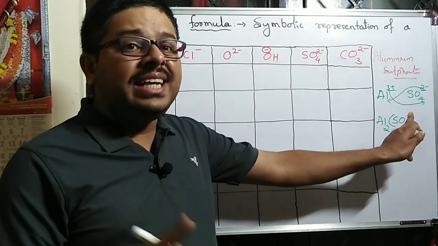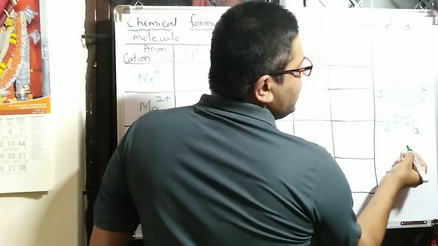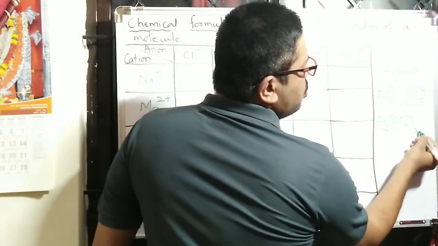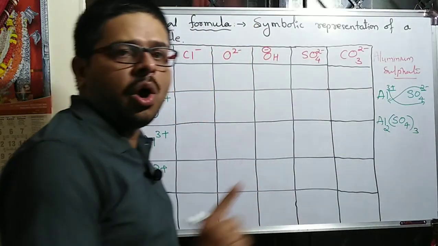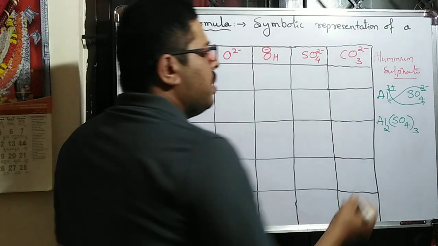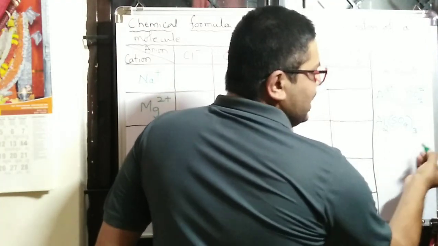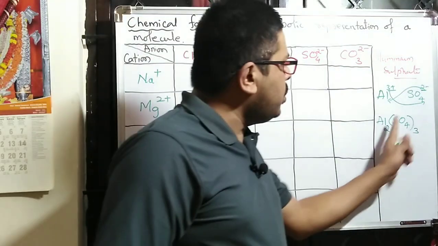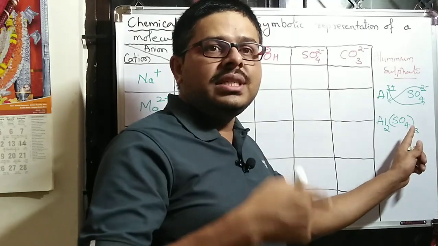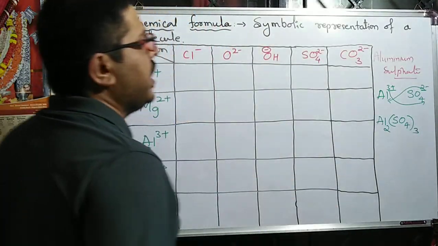If we don't write the bracket, when I write 3 it looks like SO43, S1 and O43. It is wrong. Because of that reason, remember, it is Al2(SO4)3, we call it thrice. Aluminum sulfate formula is Al2(SO4)3, we say Al2 SO4 thrice.